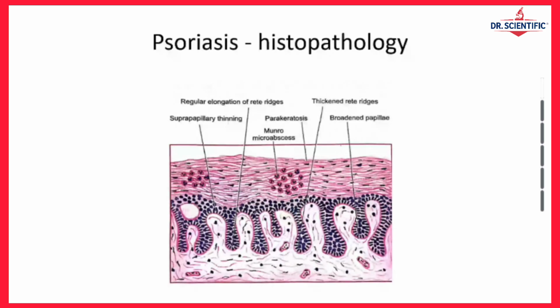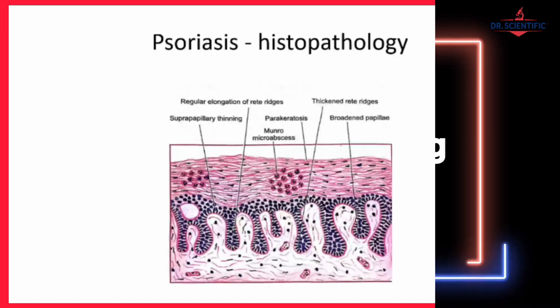Around there, you can see a lot of neutrophils, which suggest an abscess. You can see those Munro micro abscesses. There's parakeratosis. Again, go back and look at the definitions and try to familiarize yourself with these terminologies, parakeratosis and so on. And then you can see the rete ridges are thickened, and the papillae are broadened.